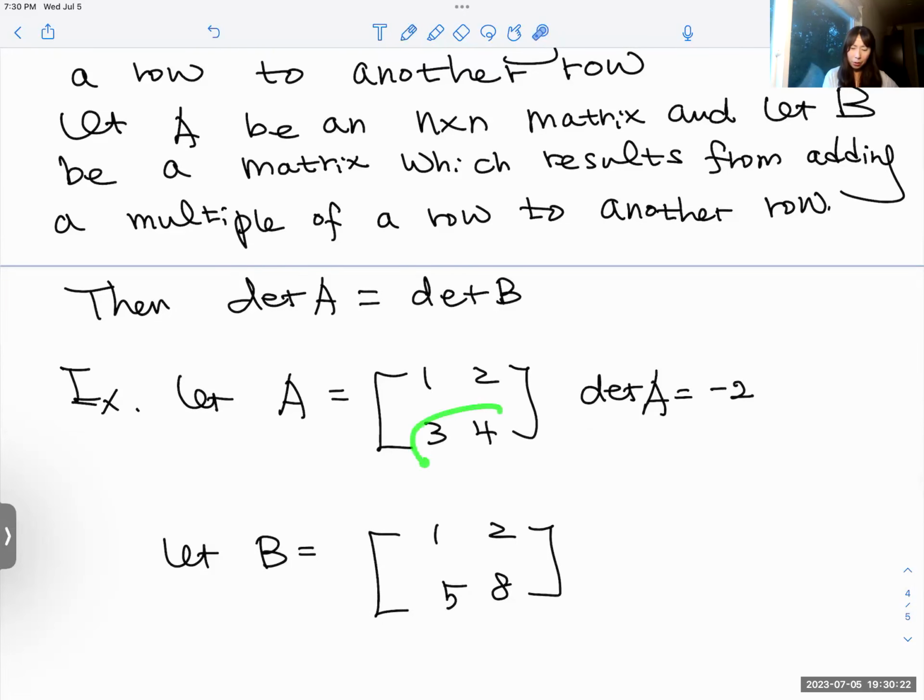And how do we get 3, 4 to 5, 8? Add 2 of row 1 to row 2. Excellent. So we have 2 row 1 plus row 2 to get the new row 2.